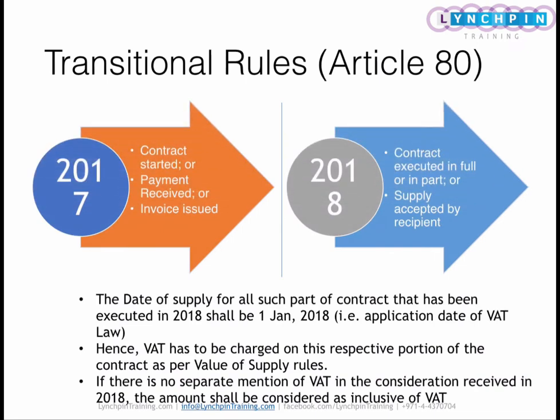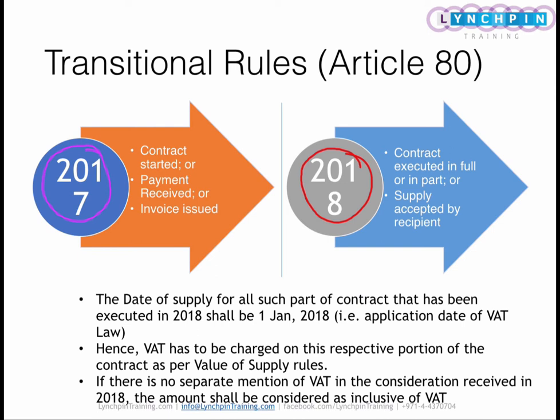Let's now see the important area here: how VAT impacts us if we have a contract which we started in 17 but we are executing it in 18. Make sure you understand one thing.